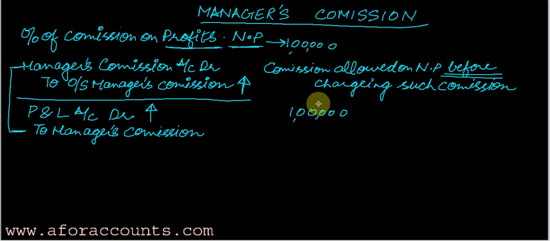Now it is before charging such commission. So what will I do? I will directly take it. It is generally a percentage, so maybe it is 5%, at the rate of 5% of your net profit before charging such commission. So I simply do 5% of 1 lakh, and the manager's commission amount comes to 5,000.